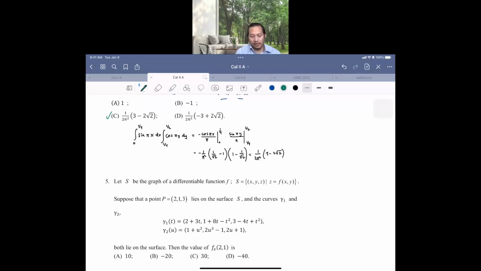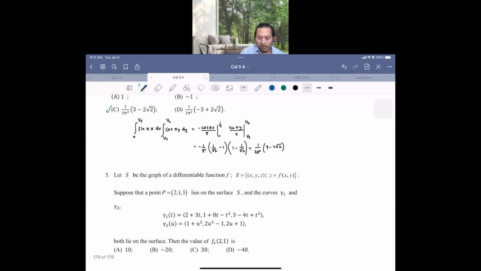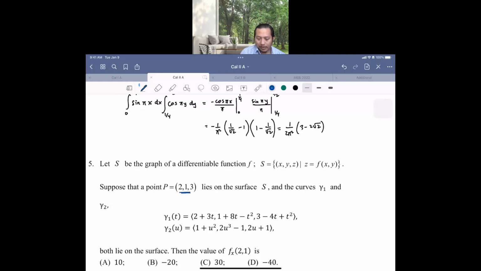First, you need to know that we have the point here, and we have another parametric, t and u. First is to find t and u through the point. We would like to have 2, 1, and 3 in the curves. When we find the parameters t and u, after that we can find the derivatives of these two curves. After we find the derivatives, we're going to find the normal vector.